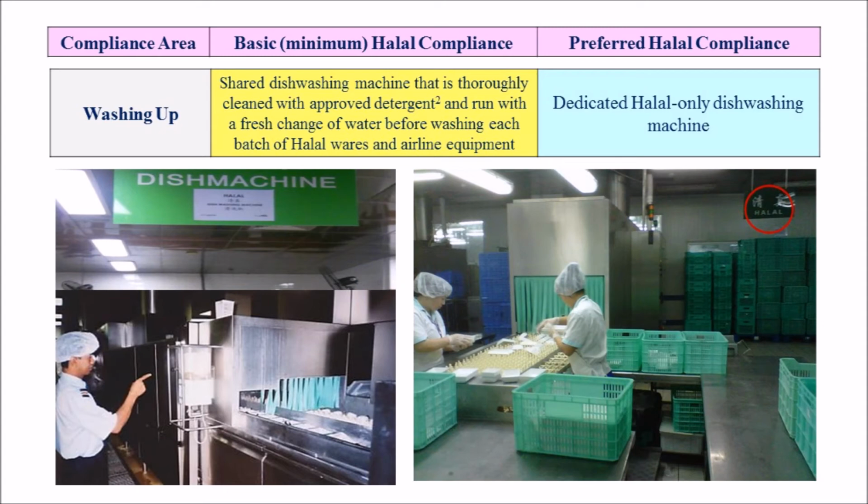At that time you can start washing halal. Okay, if you have dedicated halal only machine, it's only used for halal airline, it's fine. It's good, it's preferred level. Okay, these are washing area. Same thing, you can have dedicated halal dishwash.